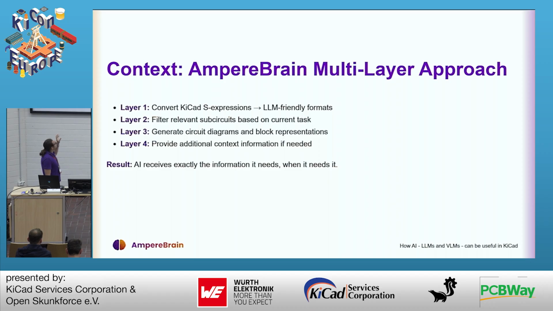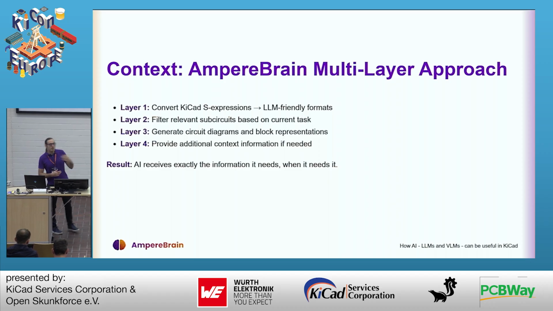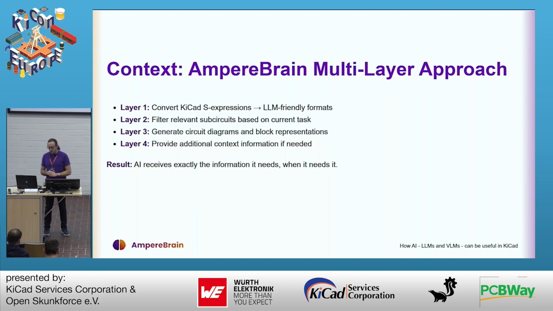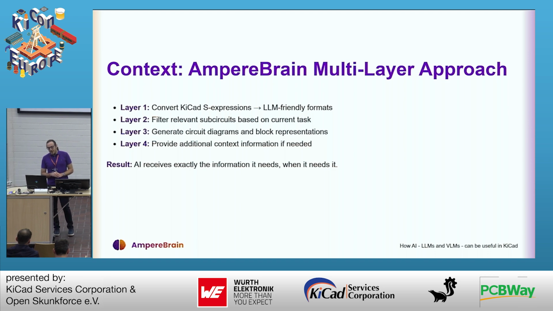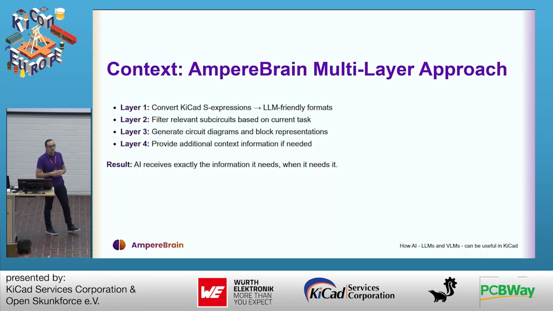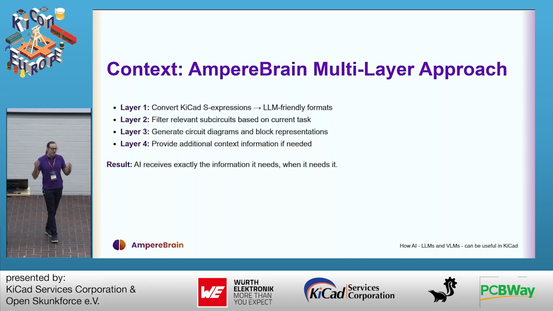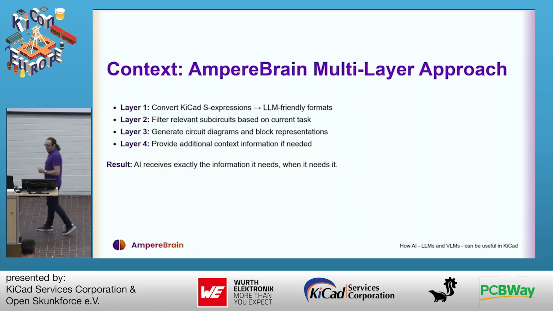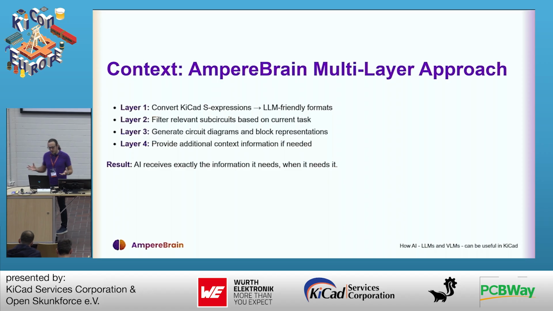Then layer 2 extracts what is actually relevant based on the edit that we want to perform. Next, layer 3 generates another representation of the circuitry that doesn't have irrelevant information, so that we only focus on the core of the schematics, which fundamentally is connecting pins together and how everything is connected.